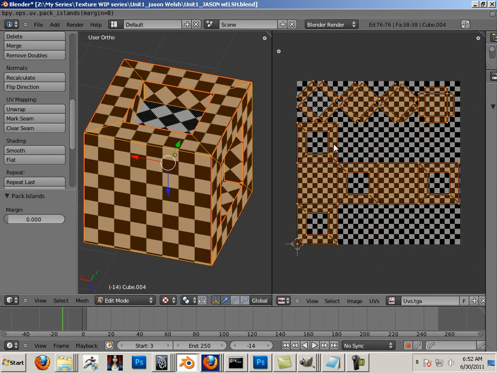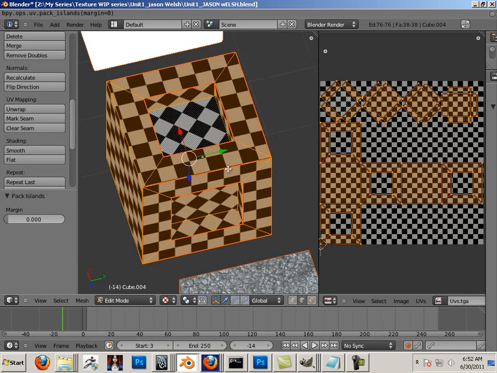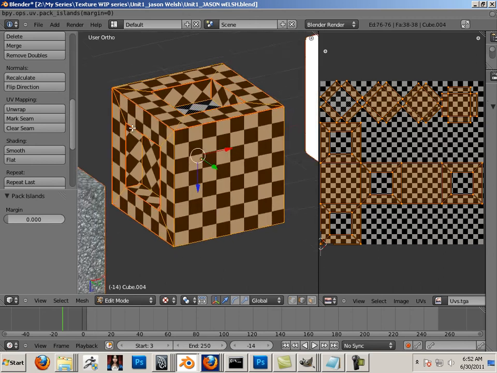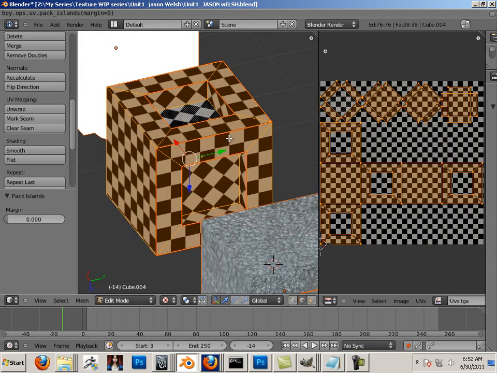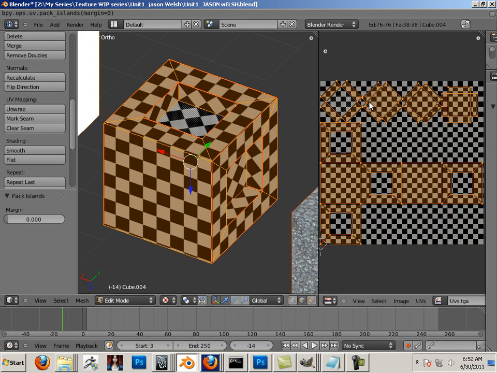If I'm talking to a normal person and using these terms, they're not going to understand it. But as time goes on, using these terms over and over, you're going to be able to understand me without being inside Blender looking at something. So these are islands. They're also called UV shells.